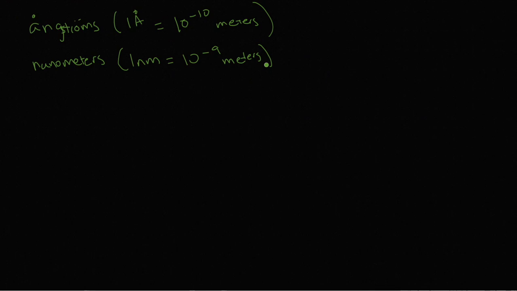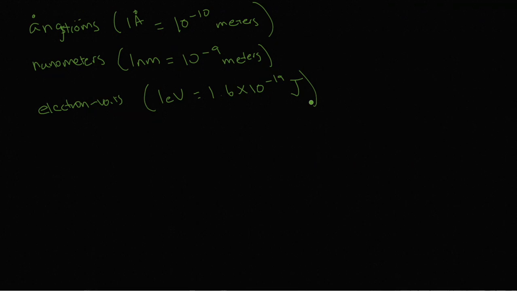So energy on the atomic scale can be expressed in electron volts. For the unit electron volts, we have 1 eV is equal to 1.6 times 10 to the power of negative 19 joules.